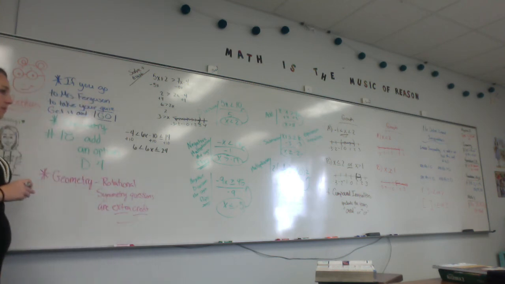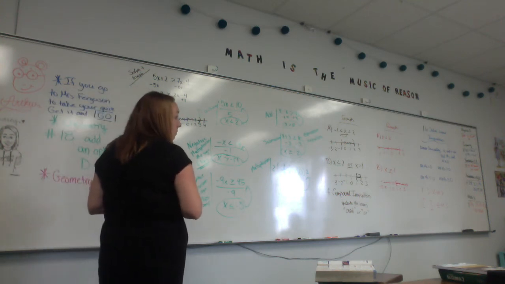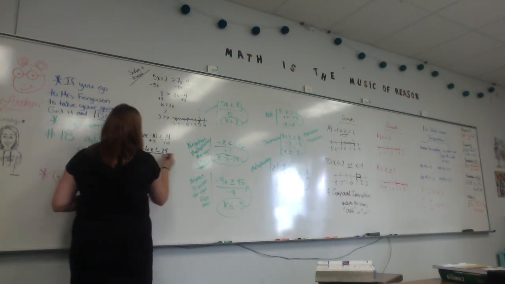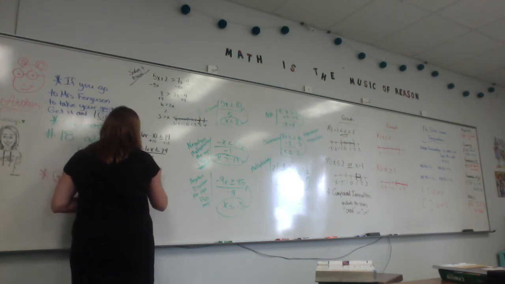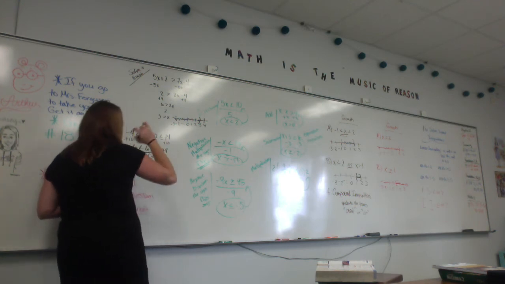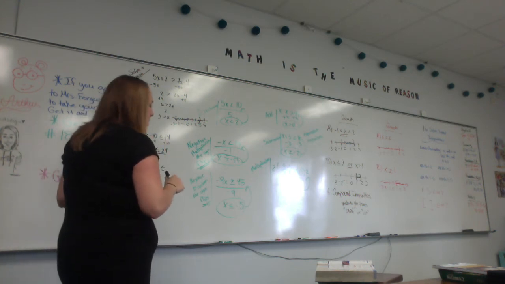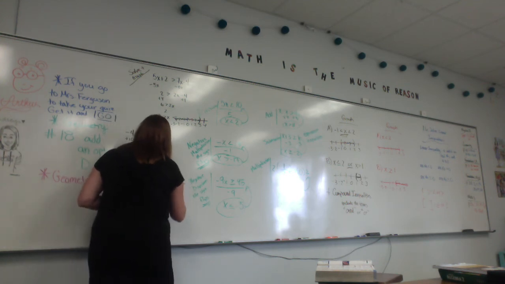Now what do I do? I can divide everything by 6. That's exactly what I need to do. 6 divided by 6 is 1. 1 is less than x. X is less than or equal to, what's 24 divided by 6? 4.